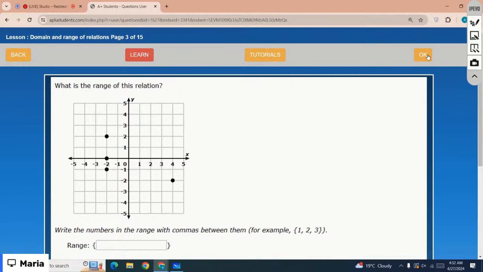The range is 2, 0, -1, and -2. The correct option is number 2. -1, 0, and 2 is the correct option.